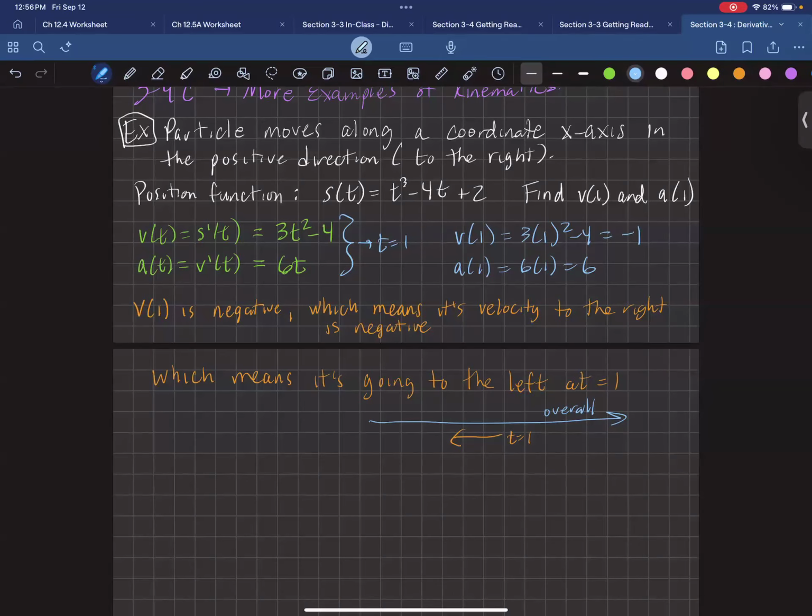But when we look at acceleration, a of 1 equals 6, which is positive. It's greater than 0, which means it's accelerating to the right. Which means acceleration is going this direction.